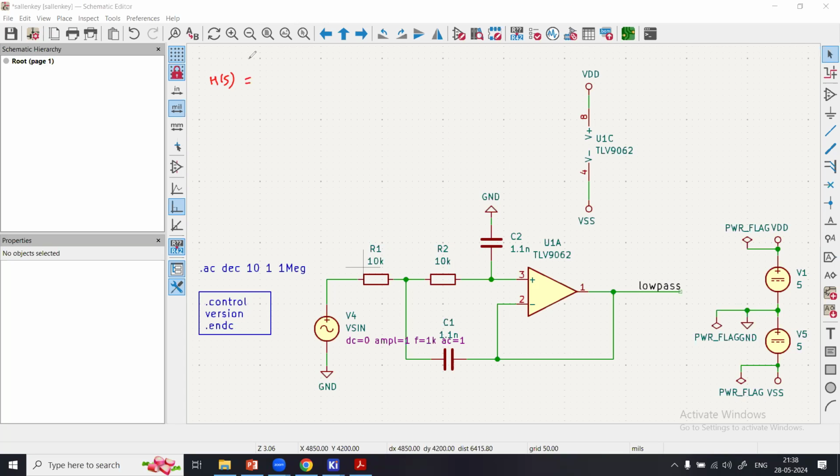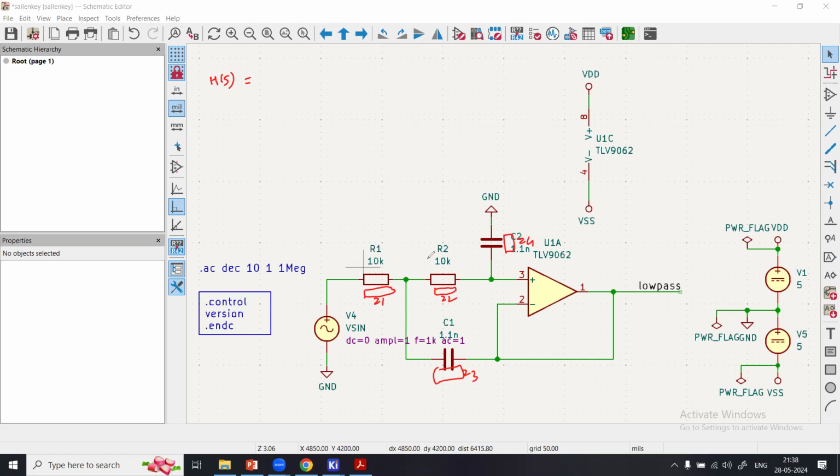The generic model, what was the generic model? The generic model was here. This was your Z1, this was your Z2, this was your Z4, and this was your Z3. You remember before some time we have drawn this.